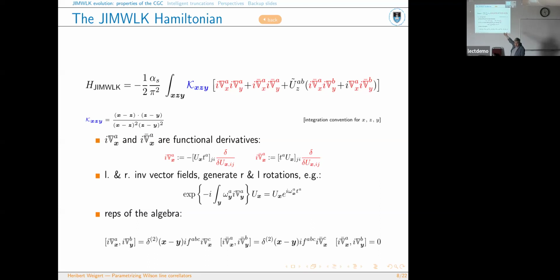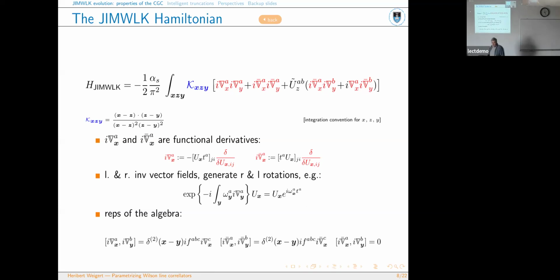This is just functional derivatives of certain sorts. And if you look at them, what they do is, in effect, they plonk a generator of the Lie algebra right next to each U factor they find, up to some signs that are adjusted.